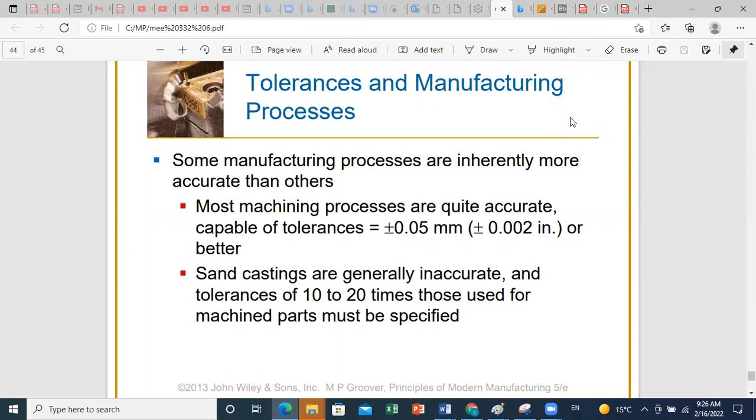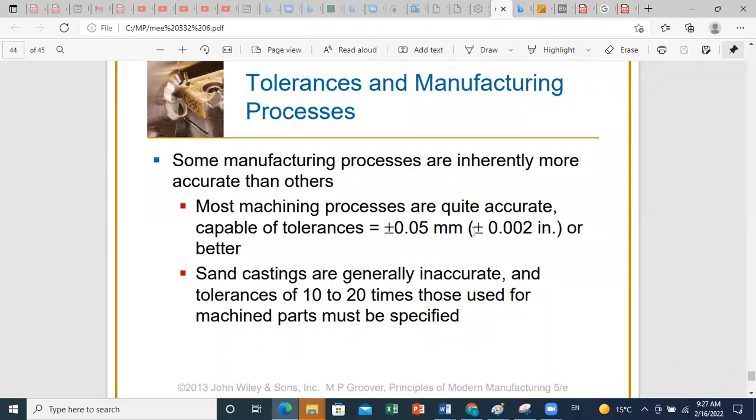Most machining processes are quite accurate, and they are capable of tolerances of plus or minus 0.05 millimeter or better. And the smaller your tolerance is, the more you need to go through a series of machining processes, one after the other, to be close to your final desired shape at the end.